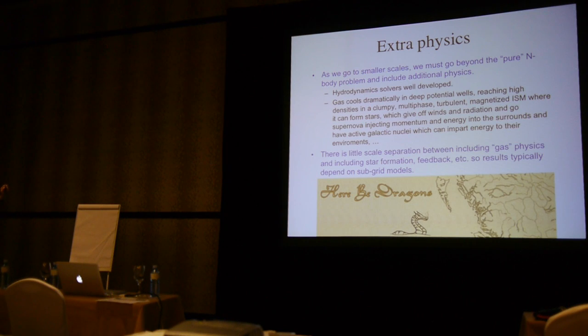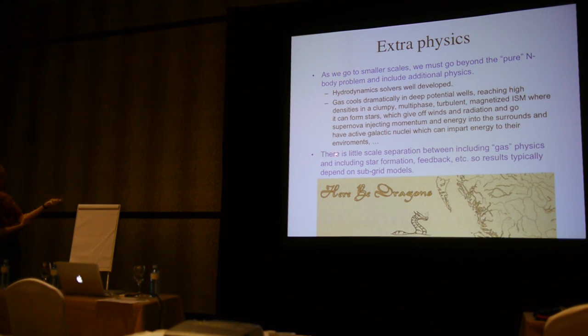They go supernovae in ways we don't understand. They inject momentum and energy into their surroundings in ways we don't understand. A bunch of them have active nuclei that are fed in a way we don't understand, and radiate in a way we don't understand, and do things that we don't understand. They impart energy to their environments in ways we don't understand. So this is all not cosmology at some level, but it all matters, unfortunately.